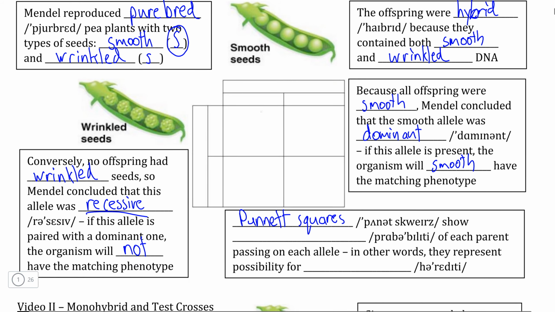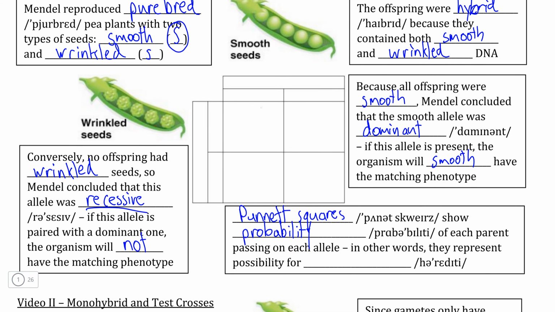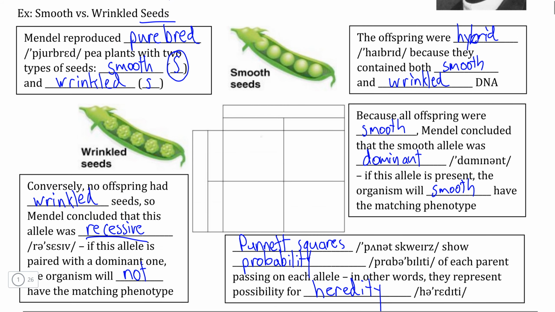Now, a Punnett square is a very simple tool that allows us to visualize probability, meaning we can actually visualize the chance of offspring organisms inheriting characteristics from one parent or from the other parent. In other words, they represent every possibility for heredity, meaning that they represent all possible genotypes that can be produced depending on what the parents are.